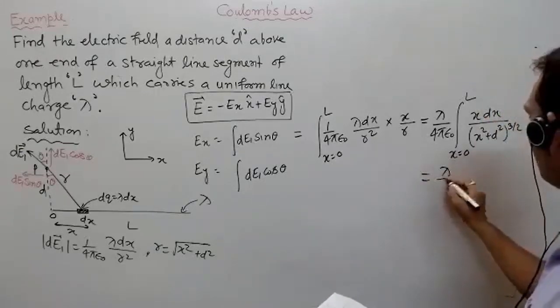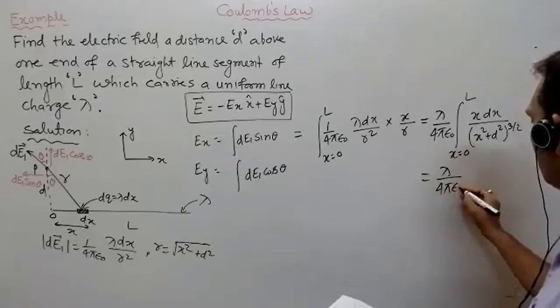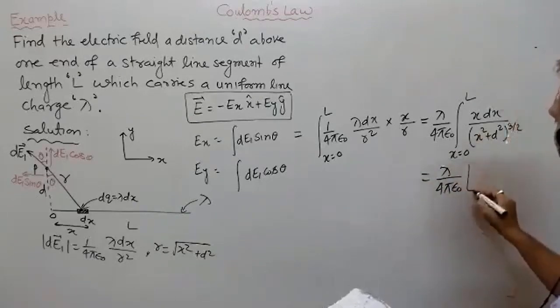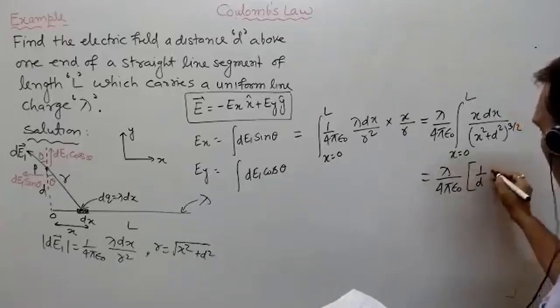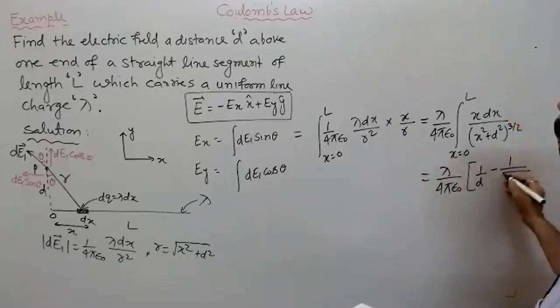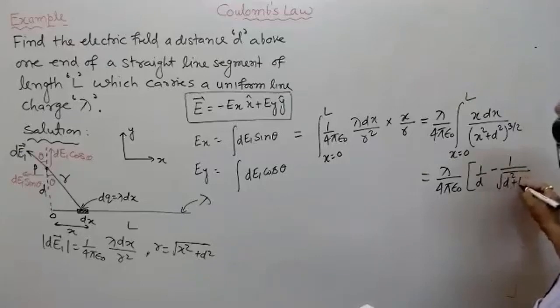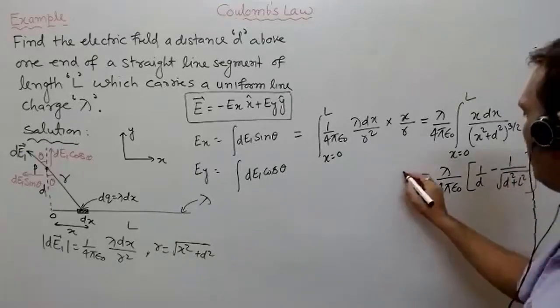I am giving you the final result. If you integrate, the integral value will be 1 by d minus 1 by under root d square plus L square. This will be the Ex value.